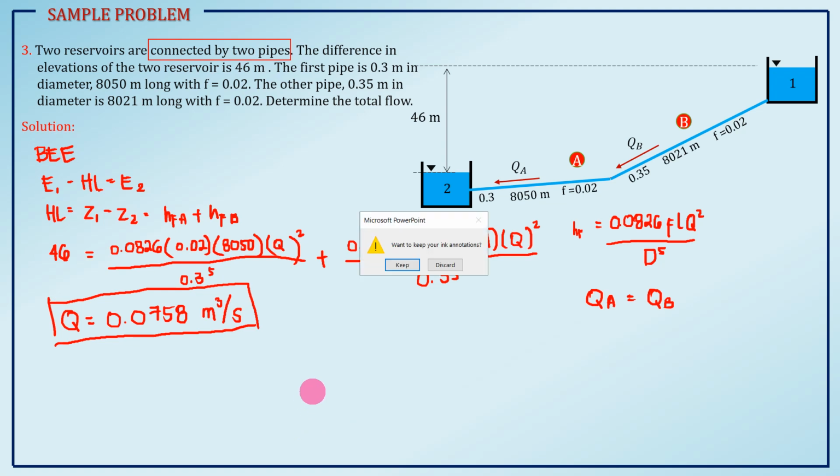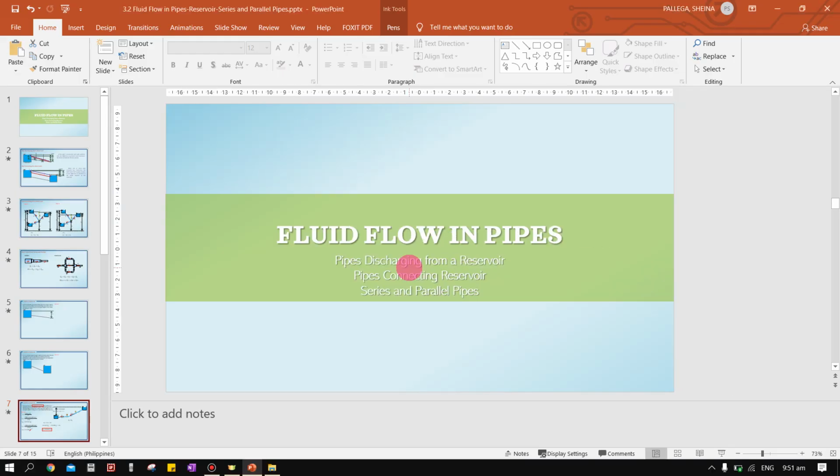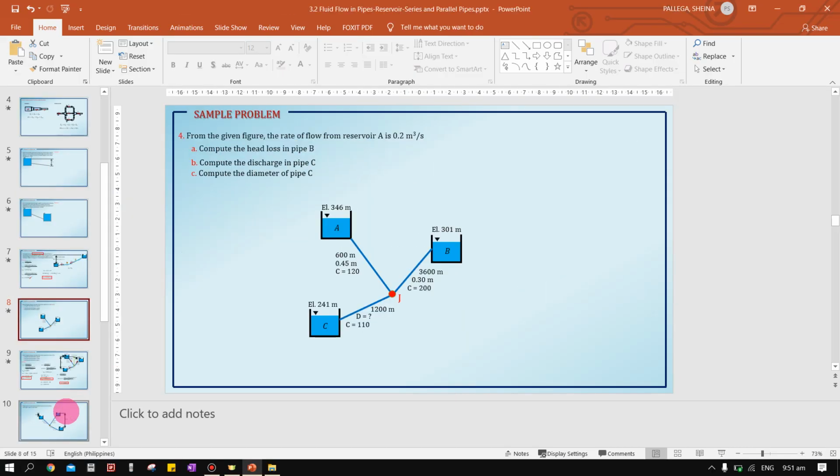And so, for the next problem, we will be analyzing reservoir naman, 3 reservoir. Sample problem number 4.